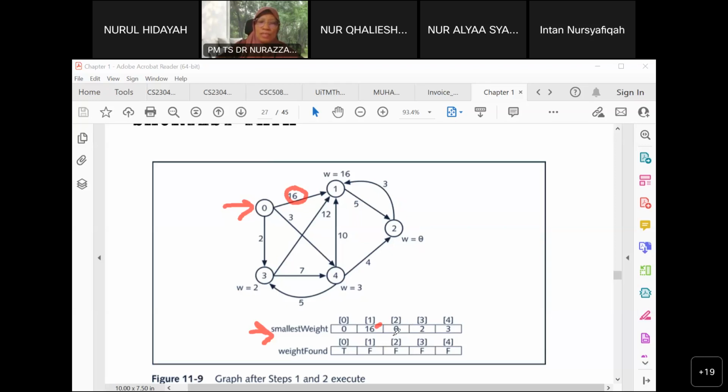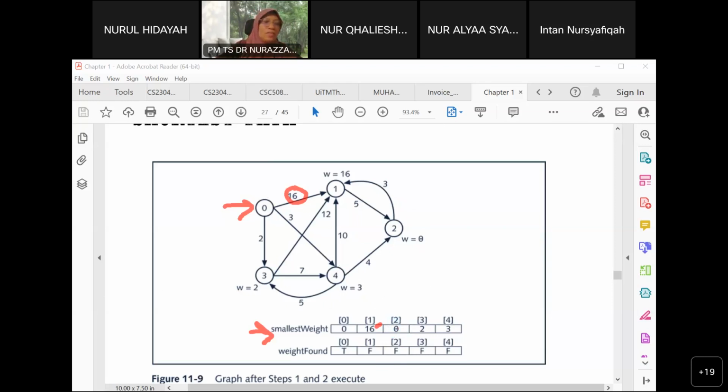So that's why dia letakkan di sini sama ada tadi dalam algorithm tu dia cakap sama ada kita letakkan infinity atau di sini dia letak theta lah, infinity kan. To represent there is no direct connection from 0 to 2. That's why dia letak theta ni.